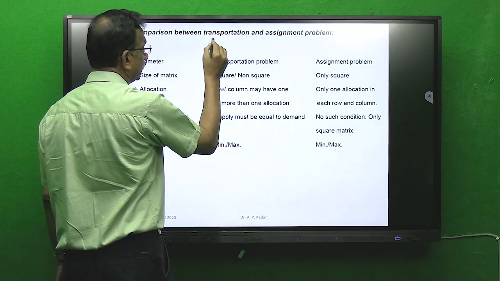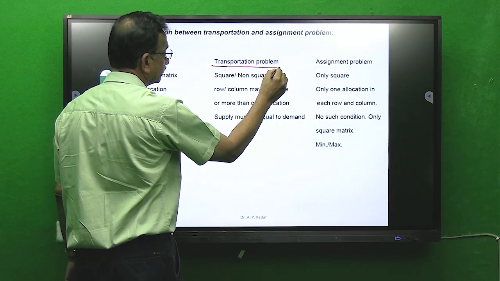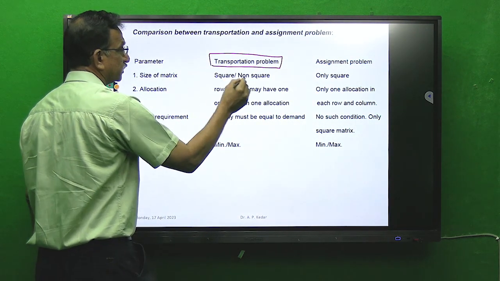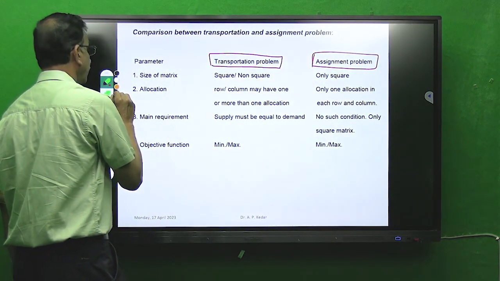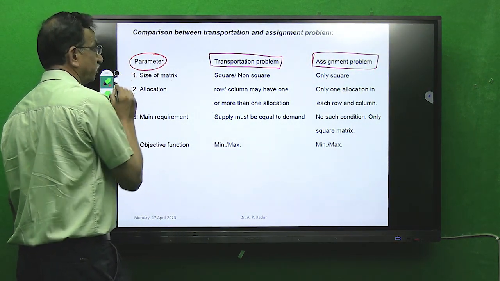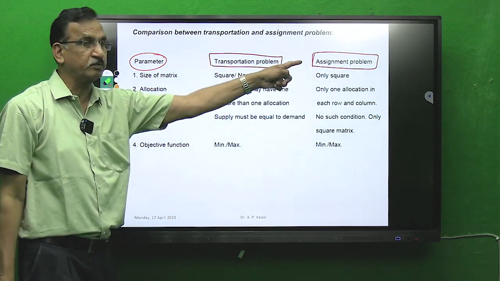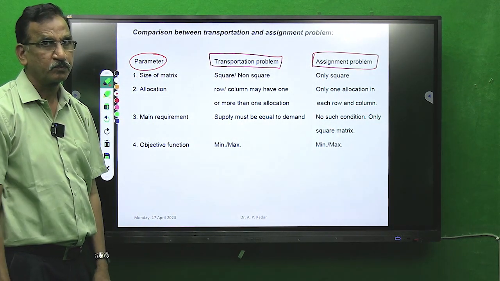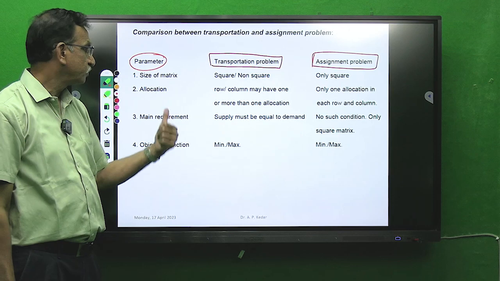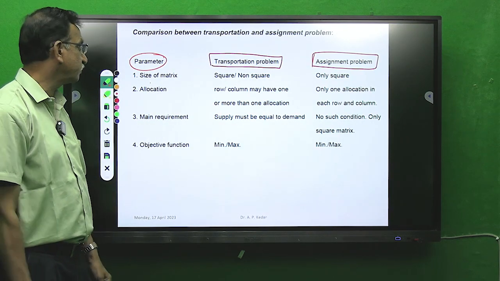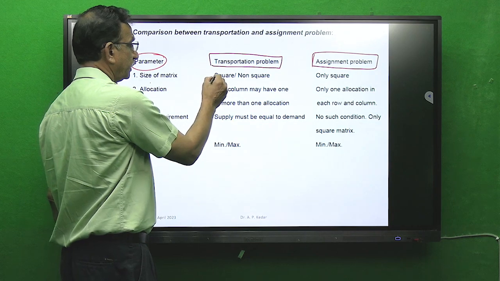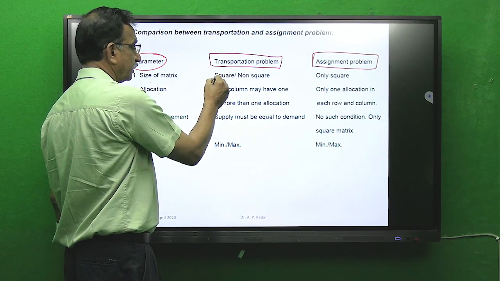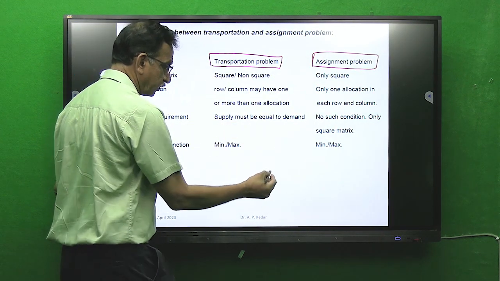So here on the left-hand side, you can see transportation problem, and the right side is assignment problem, and here the parameter through which we are differentiating between these two aspects. Got it? So now, size of matrix, this is the very first, size of matrix. In transportation it is written square and non-square, in assignment it is only square.